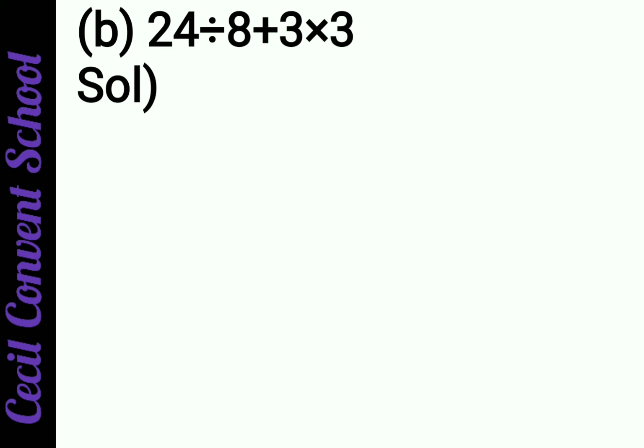Now we do B part. In B part you have to firstly write what? DMAS. Clear? Now see, D means division. Division means the divide sign is present. Yes, it is between 24 and 8. So firstly we solve it, and the rest of the things will come as they are. So we are solving it. 24 you have to divide by 8.